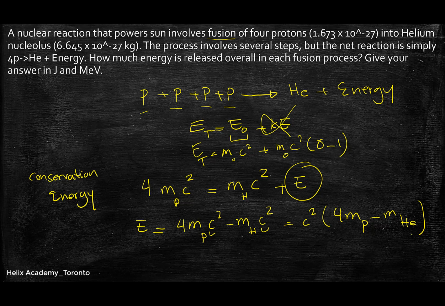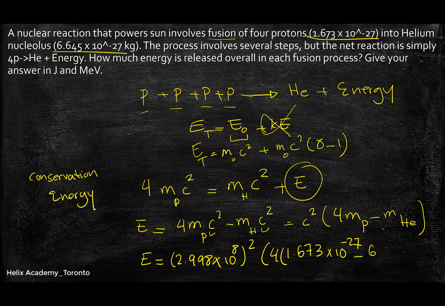Then I'm just going to plug in the numbers and solve for the total energy. So I will put in 2.998 times 10 to the power of 8, all to the power of 2, times 4 times the mass of the proton, which is 1.673 times 10 to the negative 27, as given in this case, minus the mass of the helium, which is 6.645 times 10 to the power of negative 27 kilograms, bracket closed.